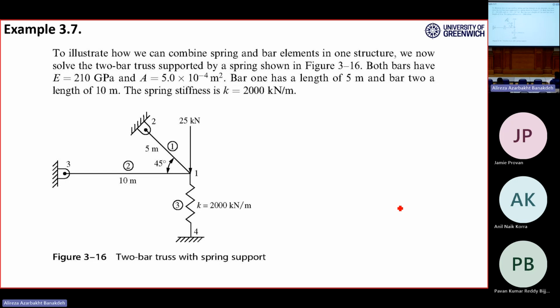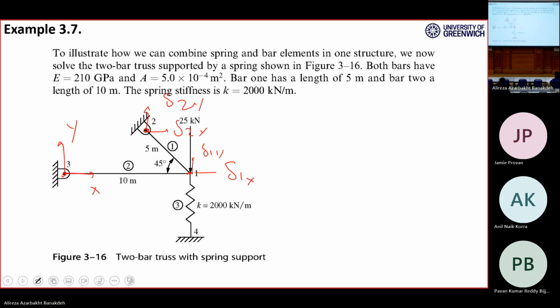if I didn't have a spring, I had 3 nodes, 1, 2, 3. Each node has 2 degrees of freedom, altogether 6 degrees of freedom, right? It means that, for example, if this is x and this is y, we have delta 1x, delta 1y, delta 2x, delta 2y, delta 3x, delta 3y.